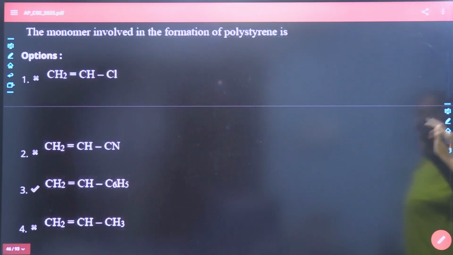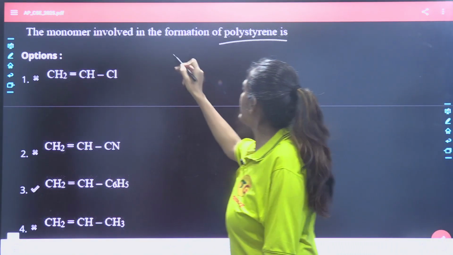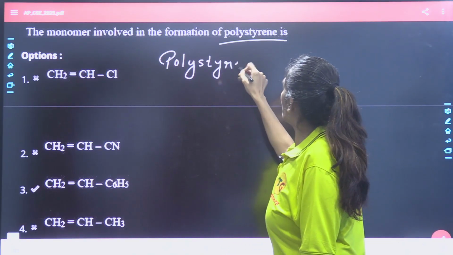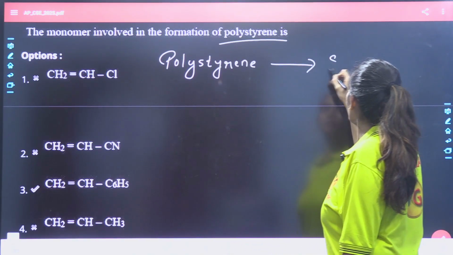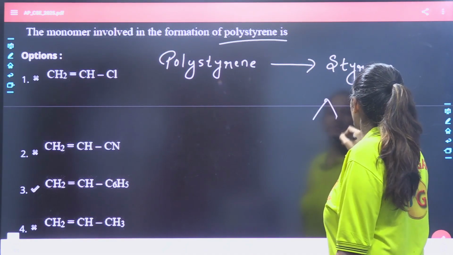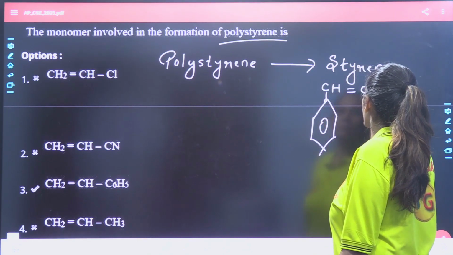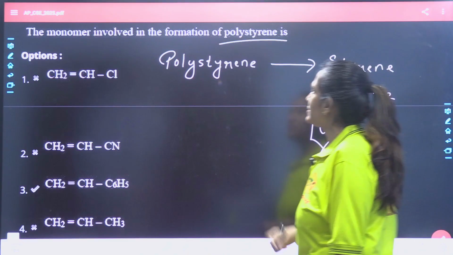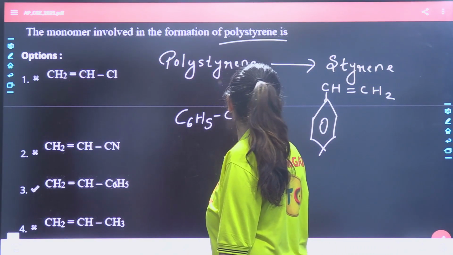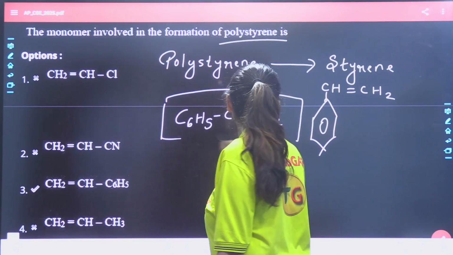The monomer involved in the formation of polystyrene. See, as is clear from the name, polystyrene would be formed by the polymerization of styrene. What is styrene? This is our benzene ring, so we can also write it like this: C6H5CH=CH2.